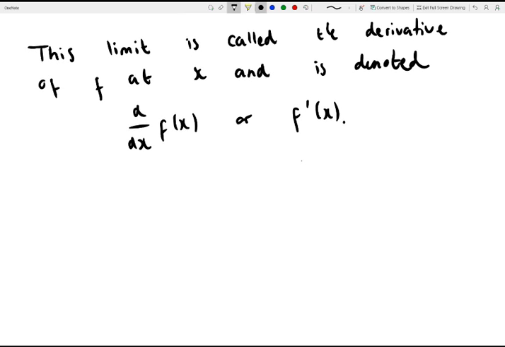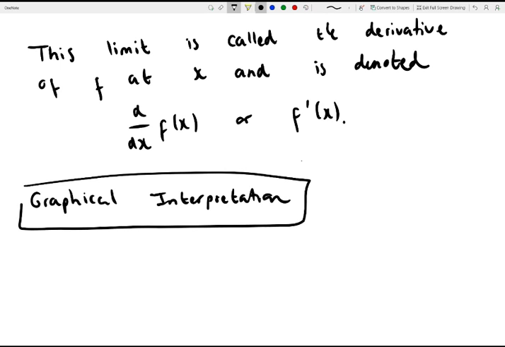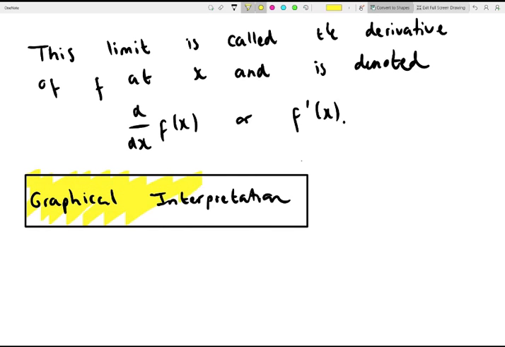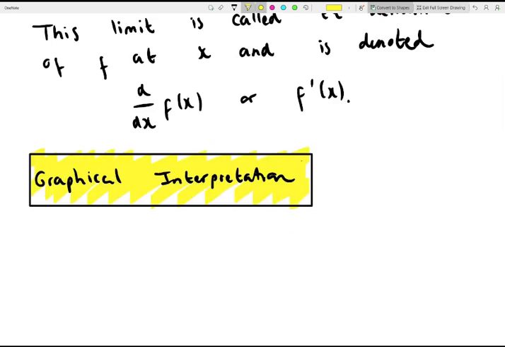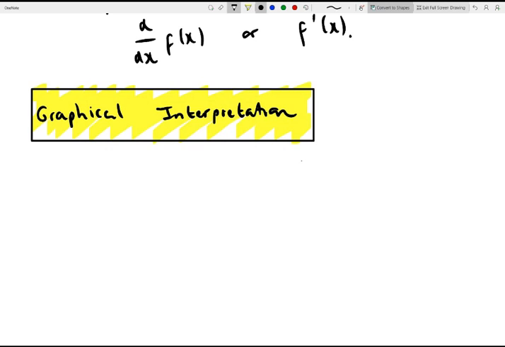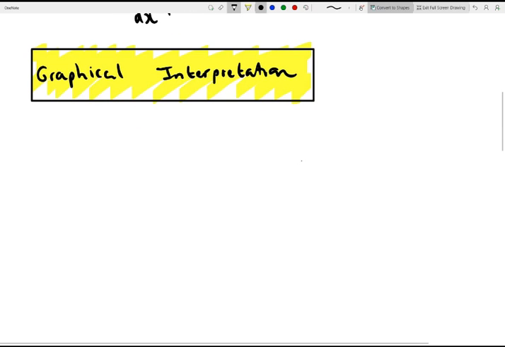Okay, so let's look quickly at a graphical interpretation of what we just said. And I will do my best to illustrate this.